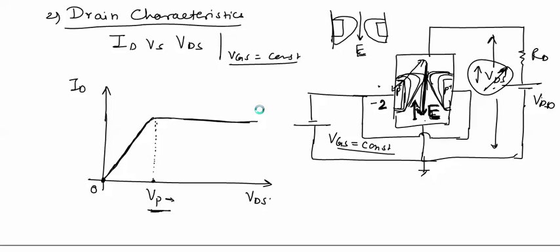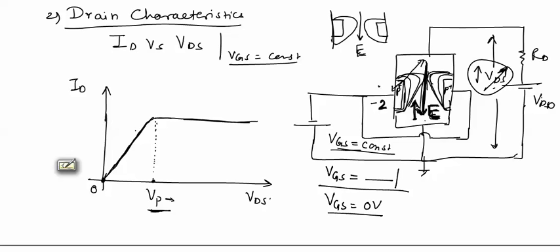Now, if we change the value of VDS, we will set VGS at a different voltage and it will be kept constant. If we set VGS equal to 0 volt, then we will obtain this graph.